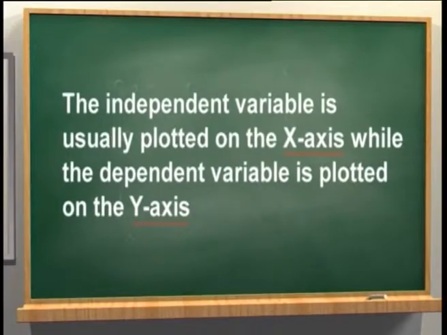It is frequently possible to visualize a smooth curve through the data and thereby identify the type of relationship present. The independent variable is usually plotted on the x-axis while the dependent variable is plotted on the y-axis.